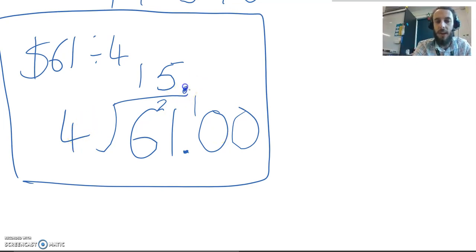Put a decimal place here, because we've got to continue it. 4 will go into 10 twice, which is 8, with 2 remainder. The 2 comes down here. How many times will 4 go into 20? 4 will go 5 times, with no remainder. So I know my answer is going to be $15.25, and that 0.25 is 25 cents.